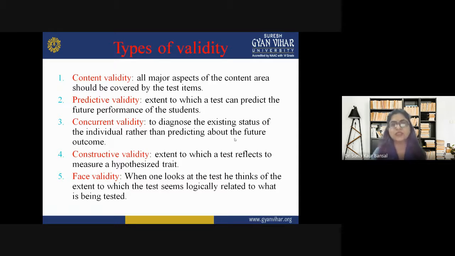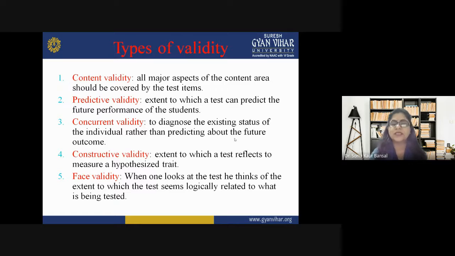Whatever subject you have chosen to test from your respondents, all the aspects must be covered. Might be it is your particular unit, or maybe the sub-unit, sub-points. So all must be covered equally, or with the marks weightage given to them. Then this is called content validity.